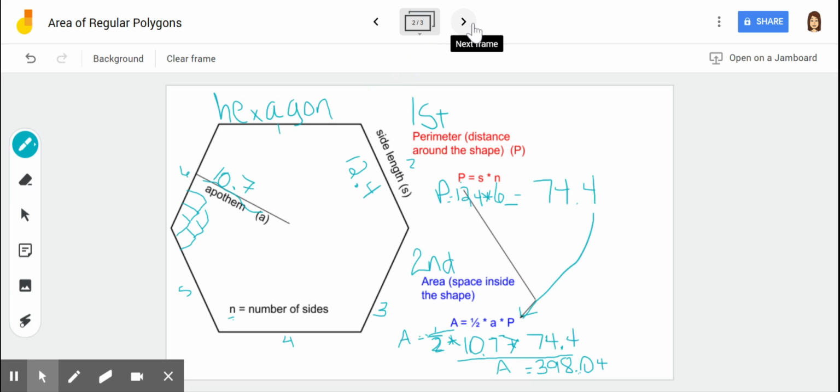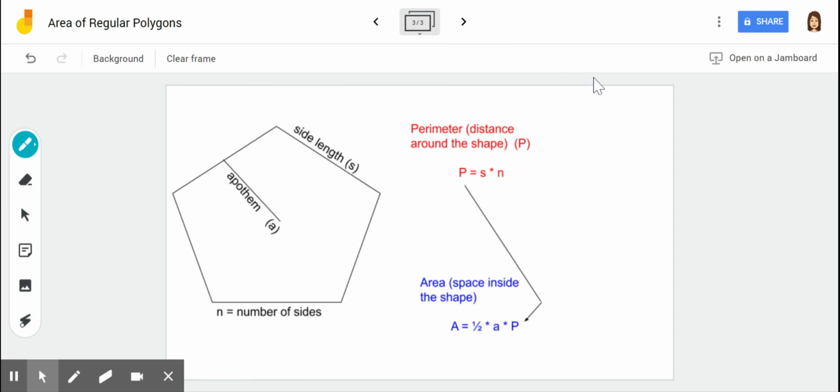Let's look at one more example of a different shape. In this case, I see a different shape. This shape is called a pentagon because it has 5 sides, and penta means 5. So I already know that my number of sides is 5. That's my n.